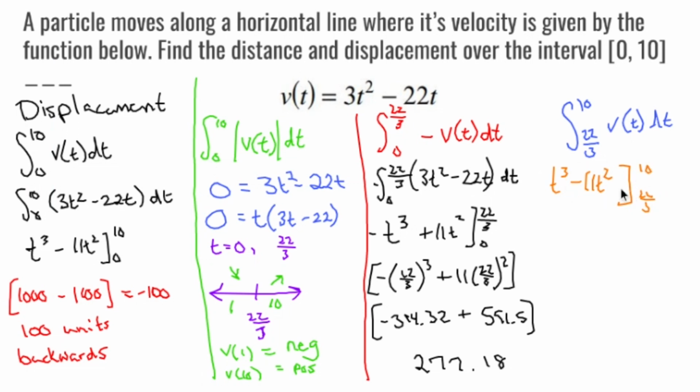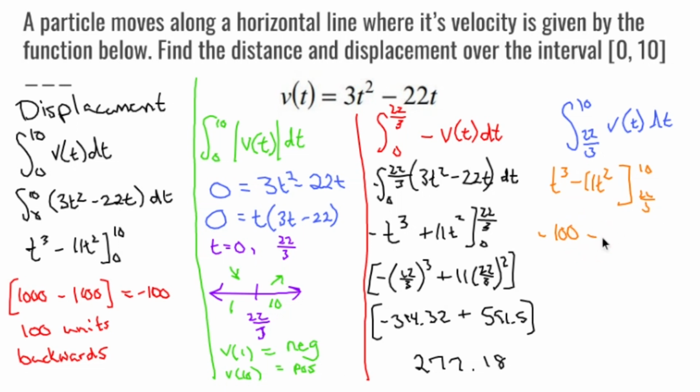The nice thing about this guy right here is I know what's going to happen because I plugged 10 in over here and got negative 100. Now, when I plugged in 22 over 3 into the negative form of this, I got positive that.